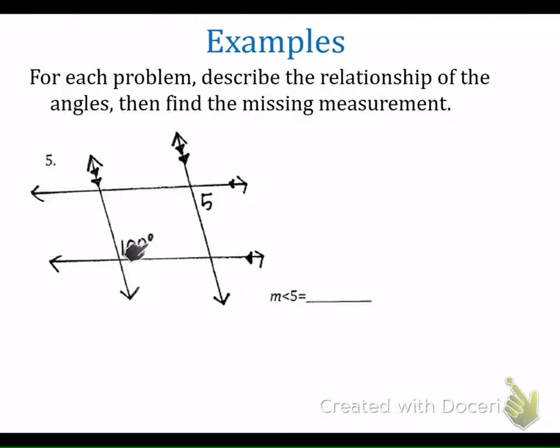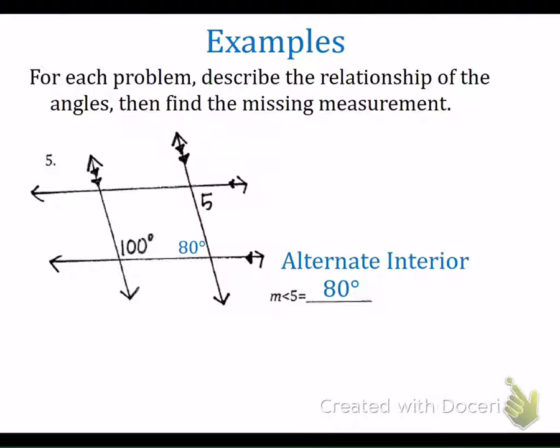They equal 180. So if you can use that to find this angle, then we can find this one because these are alternate interior. There's a lot of different approaches. So if you do 180 minus 100, that'll give you the measure of this angle. And now these 2 should be congruent. So the one we're looking for should be congruent to this one. So what is the measure of angle 5?